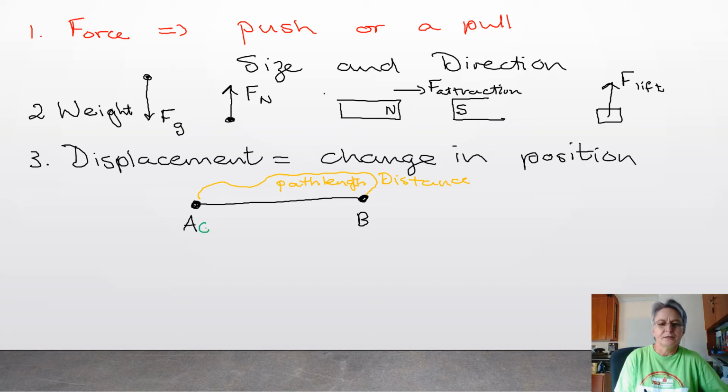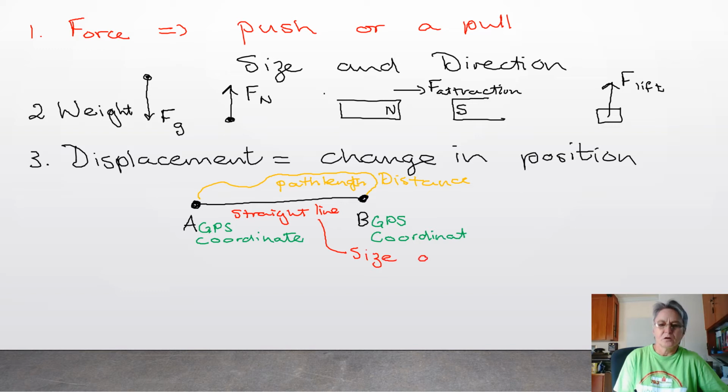at point A you had a GPS coordinate, and at point B you've got a GPS coordinate, and the straight line from point A to point B is the size of the displacement, and the direction going from A to B, for example, east.